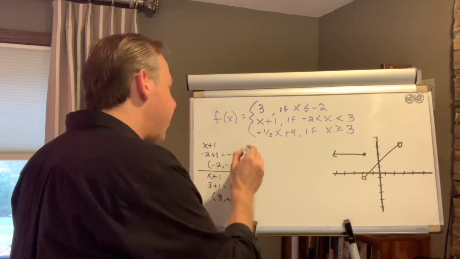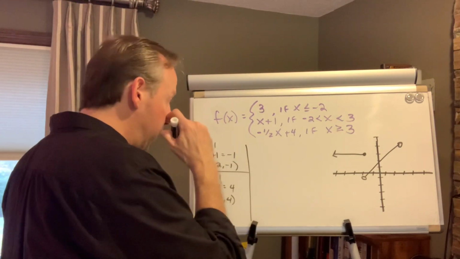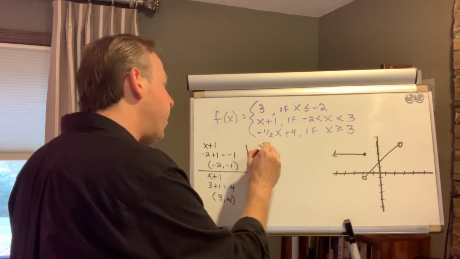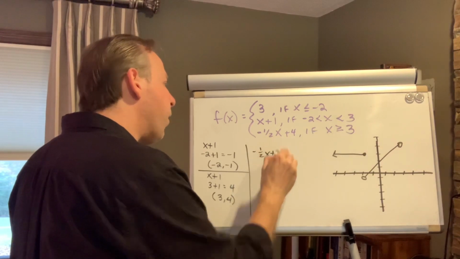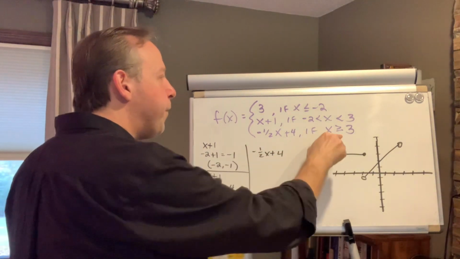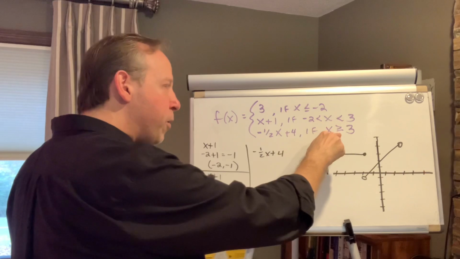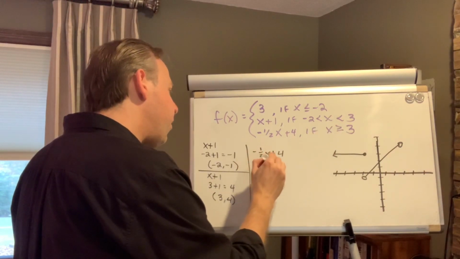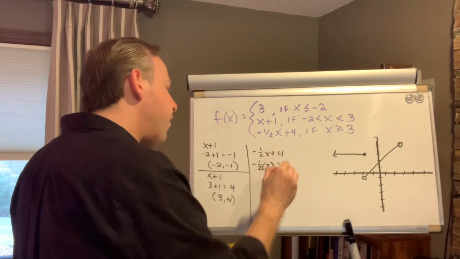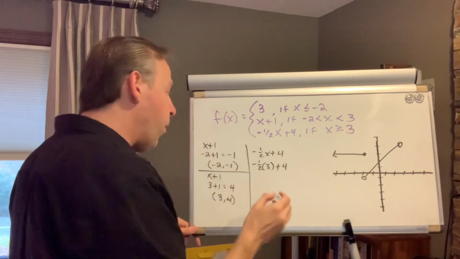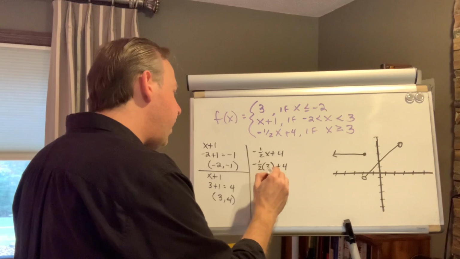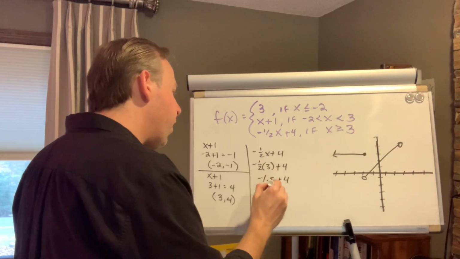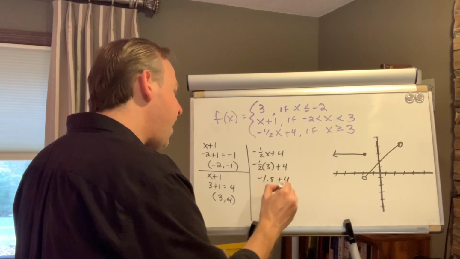Now, the last portion of the piecewise function uses the equation negative 1/2 x plus 4. And it's going to work for any x that is greater than or equal to 3. So plug in 3 and see what you get. Negative 1/2 times 3 plus 4 is negative 1½ plus 4, which is 2½.